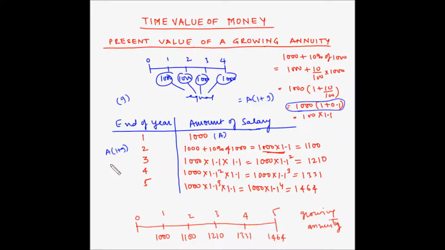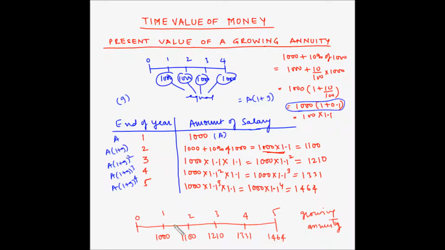For the third year, A into 1 plus G square. Fourth year, A into 1 plus G cube. And fifth year, A into 1 plus G to the power 4.